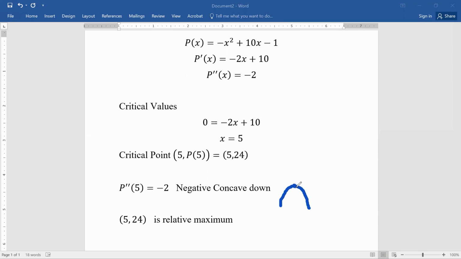If I had concave up, we'd be at the bottom of a valley. So this critical point must be at the top of a hill, and therefore it's a relative maximum.